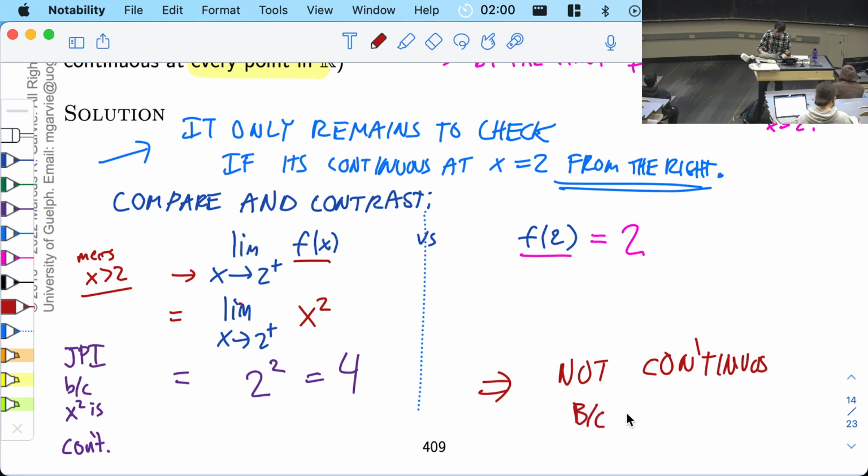You can say it's because the limit as x goes to 2 plus of f of x is not equal to f of 2. One of them is 2, and the other one is 4. They are not equal. Therefore, it's not continuous. That's that problem. Done.